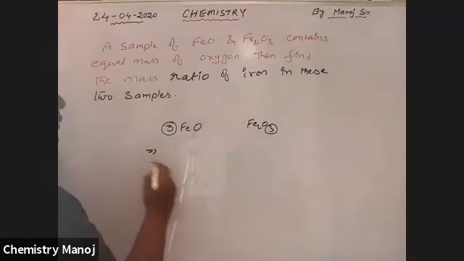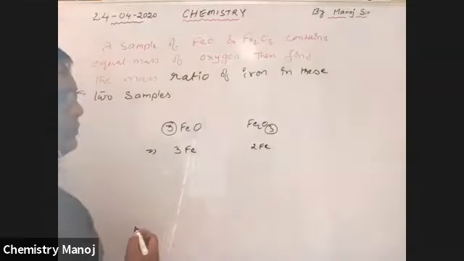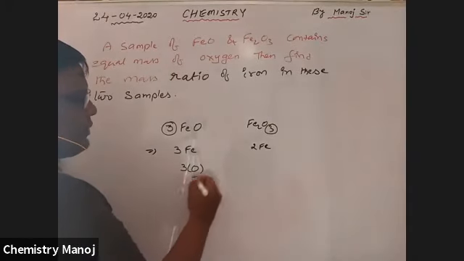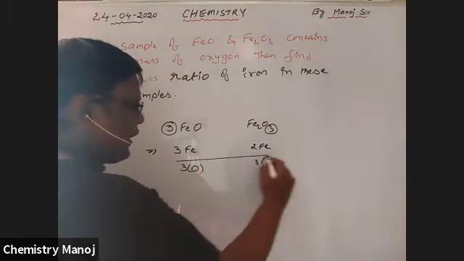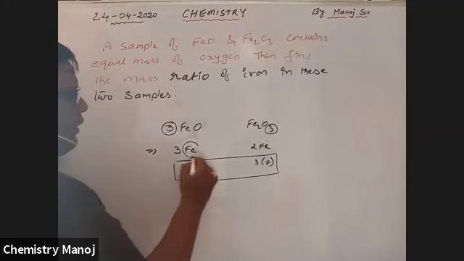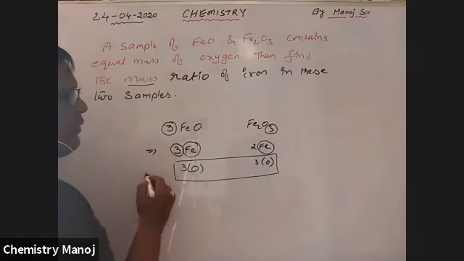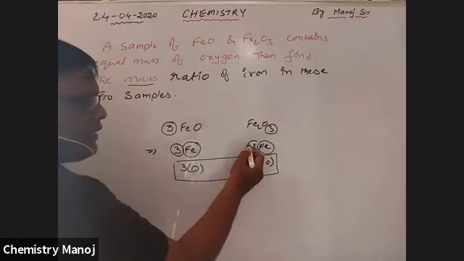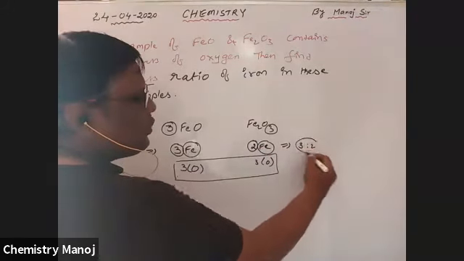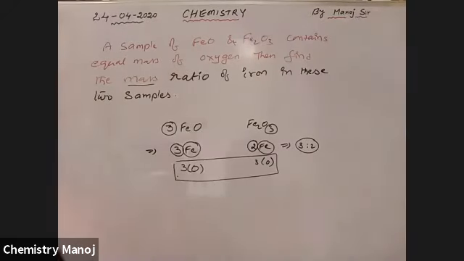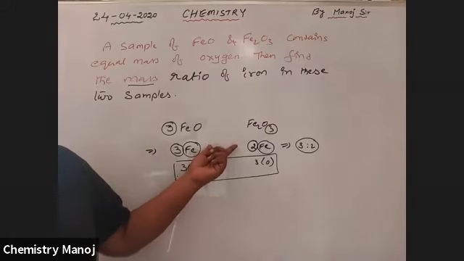Now here 3 Fe atoms, here 2 Fe atoms, and 3 oxygen atoms on each side. That means oxygen atoms are equal. Now what is the mass ratio? It is 3 into 56 to 2 into 56. Now the ratio of iron is 3:2. Simple one. I equalize the oxygen atoms, and automatically the iron ratio is found.